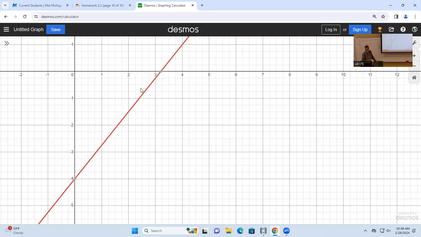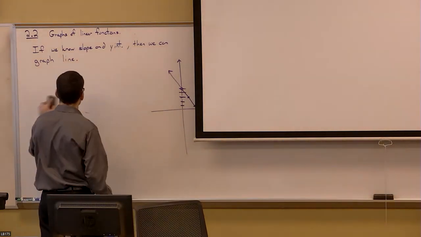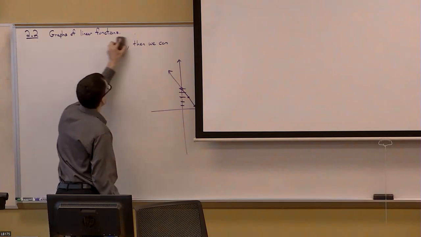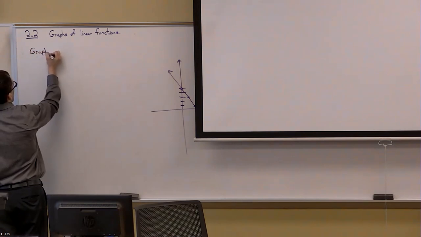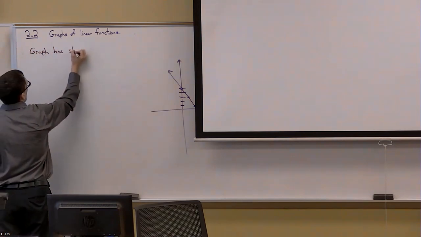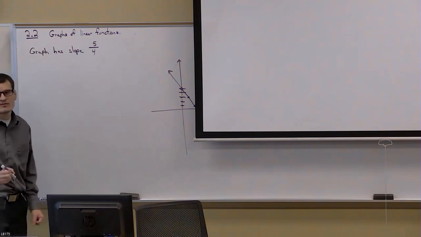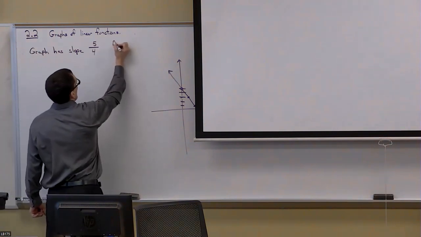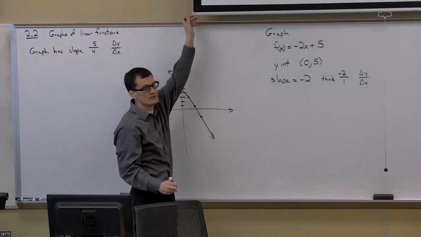So that means if you had the graph of this line and you wanted to come up with the equation, the graph has slope: if we had to go up 5 in the y direction and over 4 in the x direction, right?